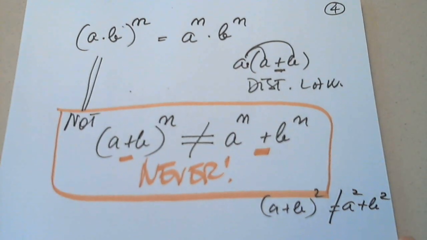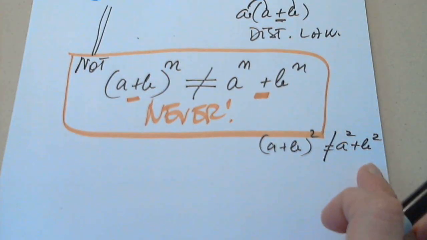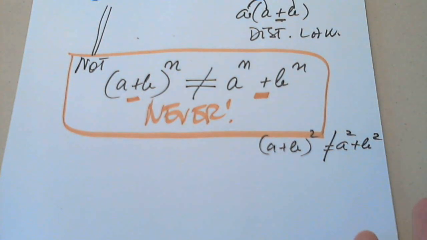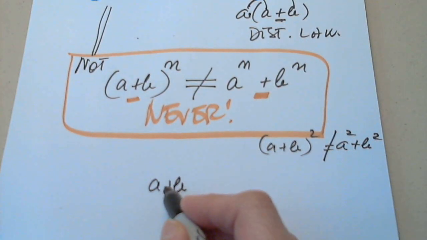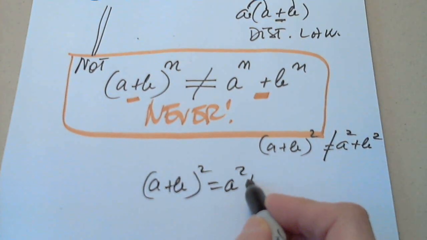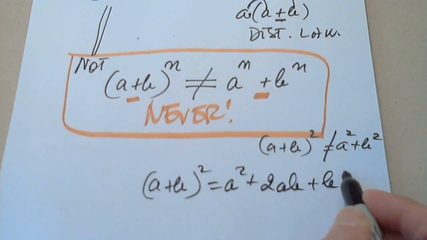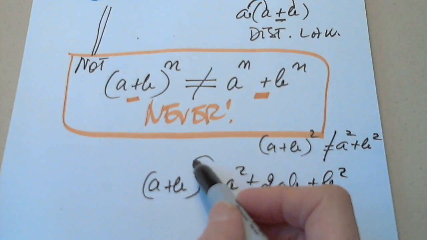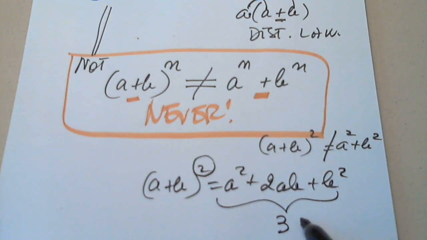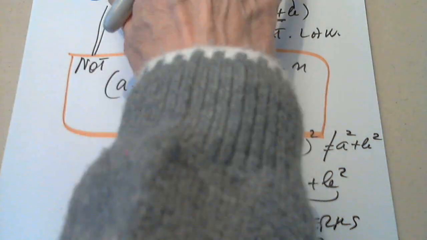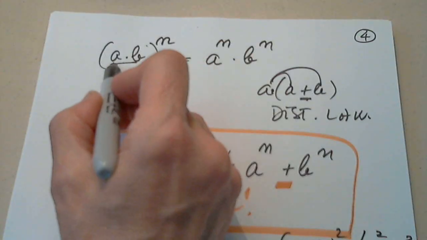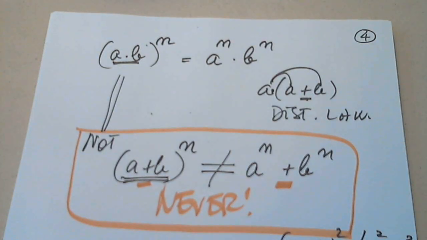The formula is a special product, so you do not have to worry about this right now. This is a squared plus twice ab plus b squared. If the power is 2, there will be 3 terms. If the power is 15, there will be 16 terms. It's huge. So please understand factors versus terms.